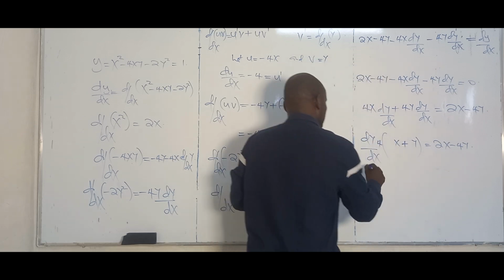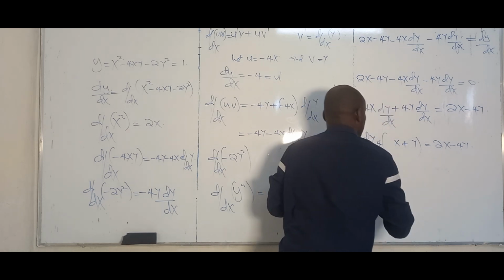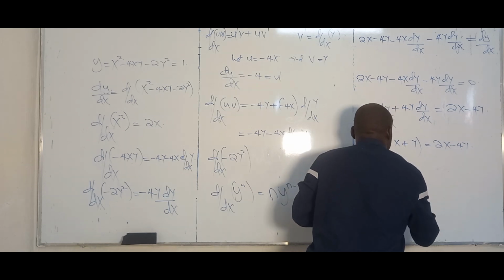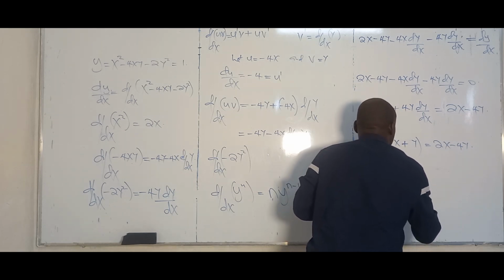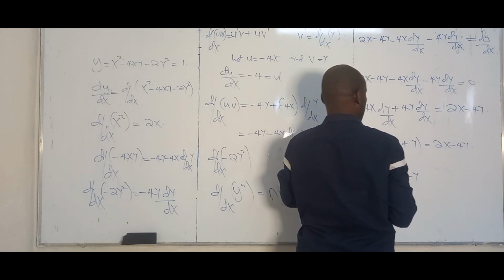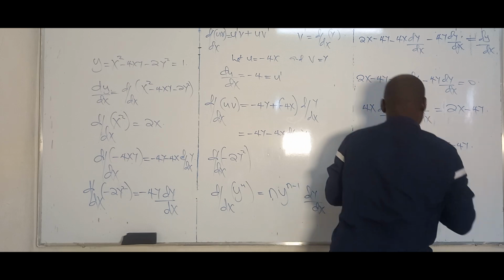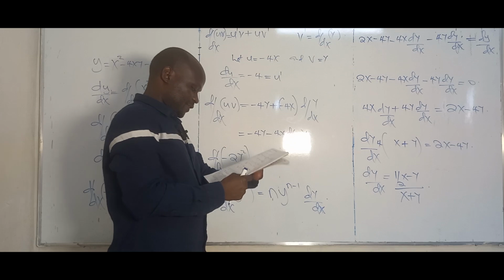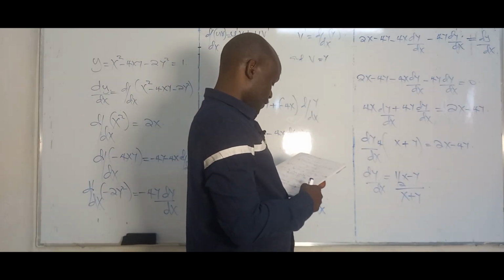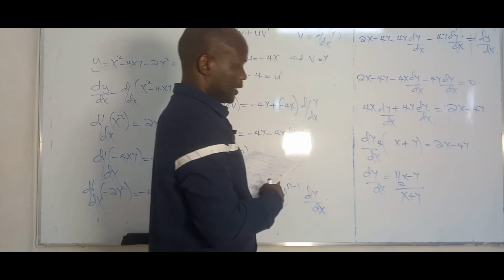So in which case I'll be having dy dx is equal to half x minus y divided by x plus y.